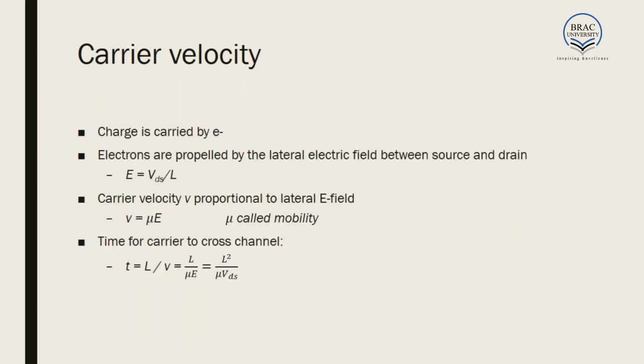Now, another thing of importance is the carrier velocity. Here we see in an N-channel MOSFET, the carrier is electron, and carrier velocity, we know the velocity is proportional to force. Here force being the electric field. So the electric field, lateral electric field, is the voltage divided by the length of the channel.